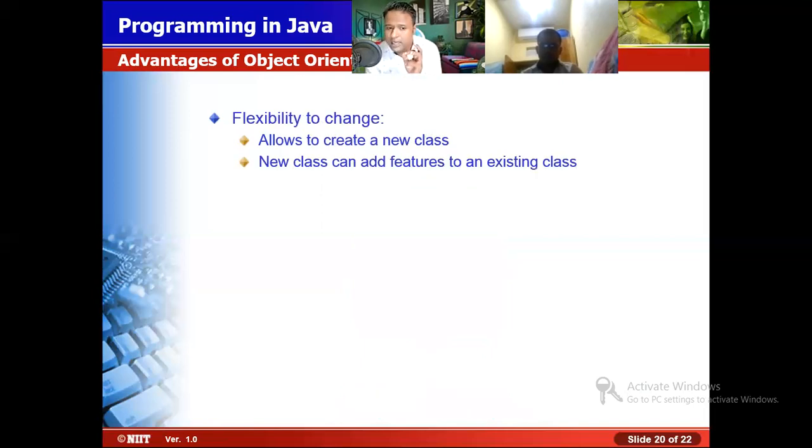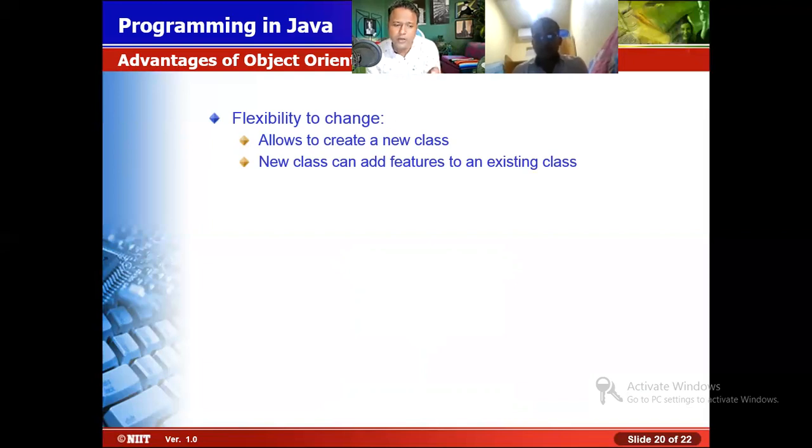Next is flexibility to change. It allows you to create a new class. The new class can add features to an existing class, like conversion of the Windows 8 operating system to Windows 10. That is called flexibility to change.